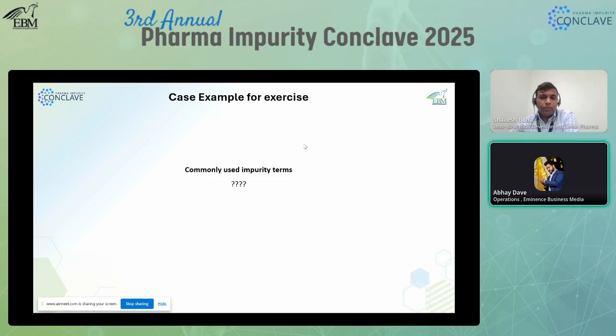I can see one comment coming: degradation product, related substances, organic impurities, degradation products, related substances again. So there are three responses so far. Again, organic impurities, Deepak from Blue Cross has mentioned. There's one more response: organic impurity, inorganic impurity, solvent impurity. This is from Kamlesh, who is the EGM at Cohens.